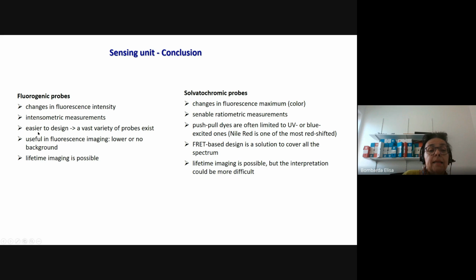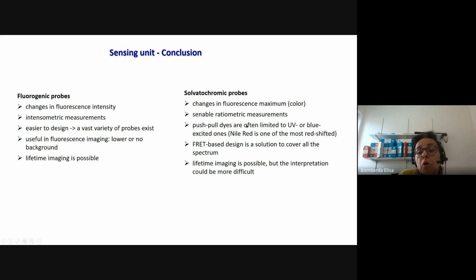In principle they are easier to design, and they may allow lifetime imaging easier. Solvatochromic probes have the other characteristic that they can enable, actually this S should not be there, sorry, enable ratiometric measurement.